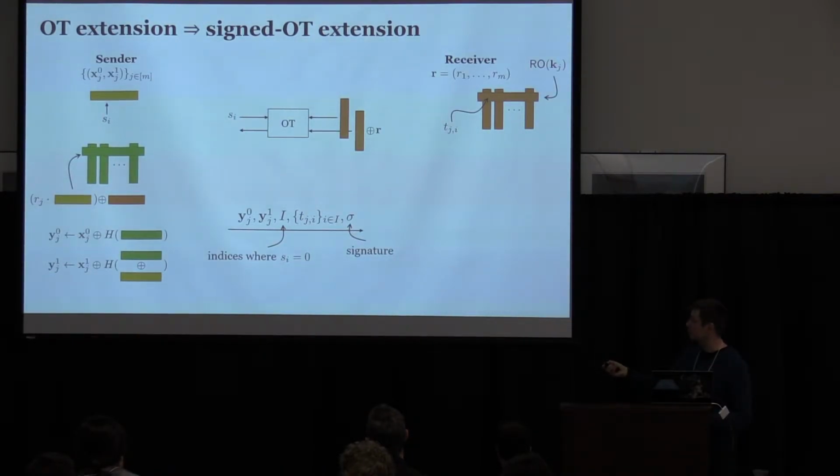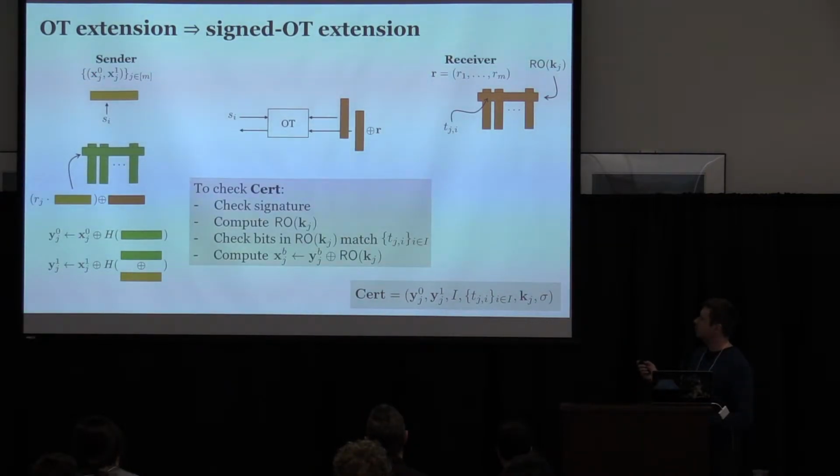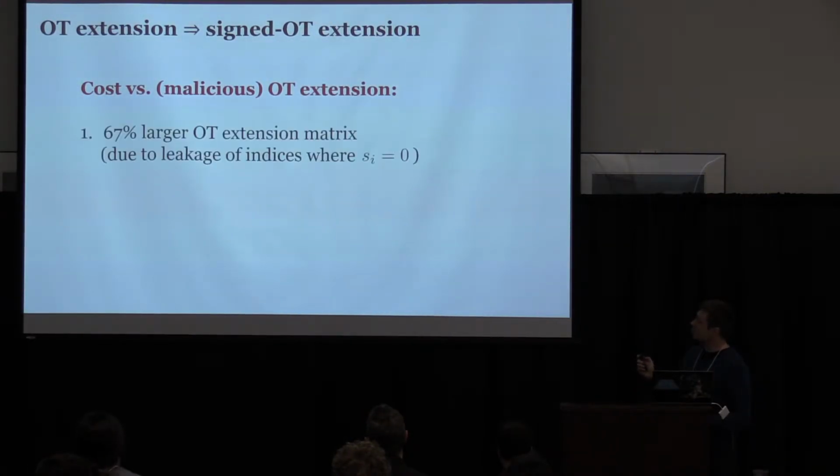So she declares those columns and the values of those columns. And so now Bob's certificate, to be valid, must match: the output of the random oracle, when Bob reveals everything, must match those columns.